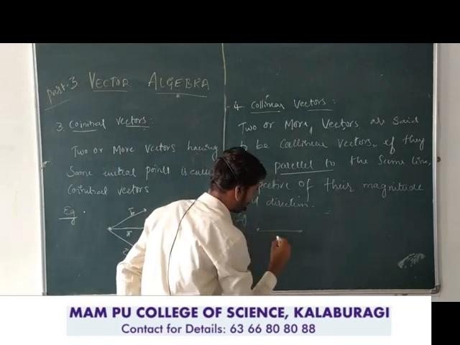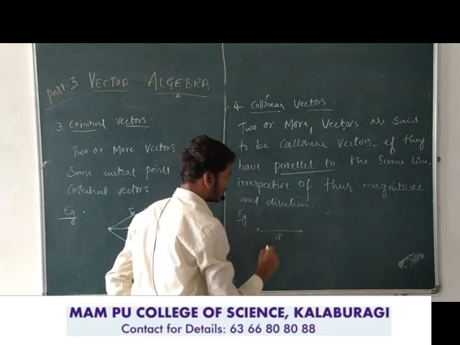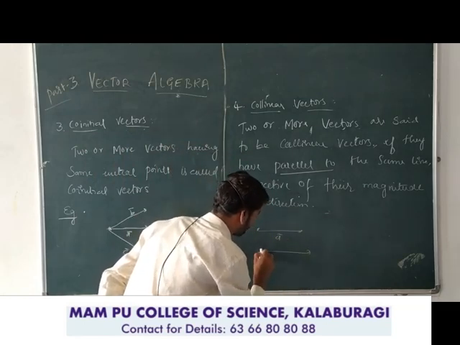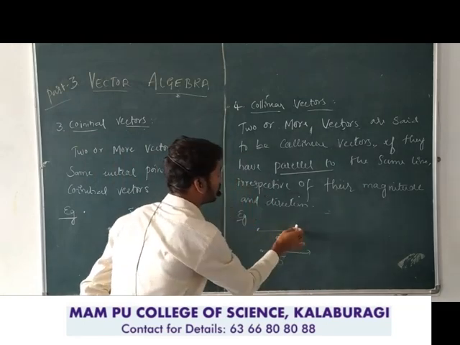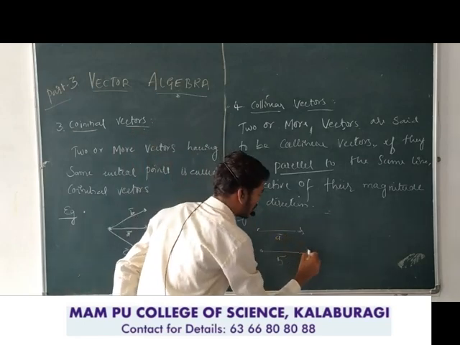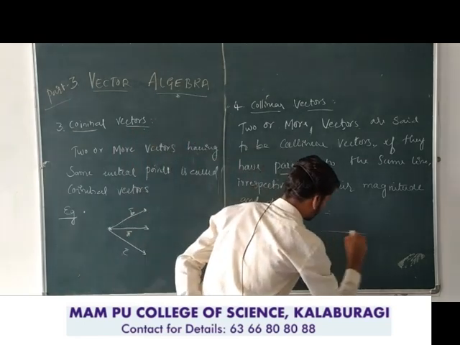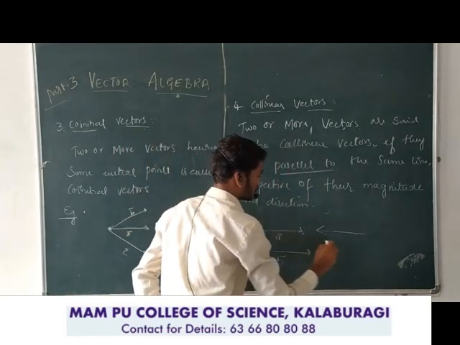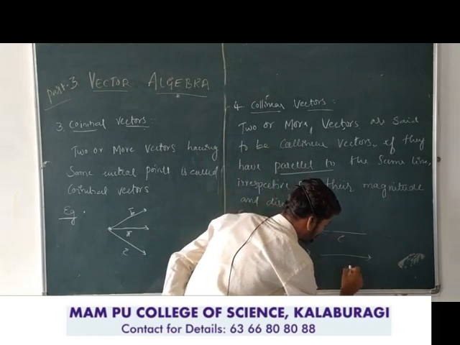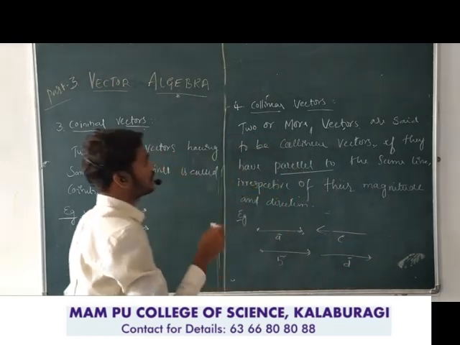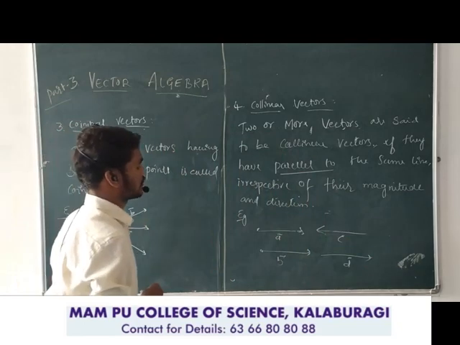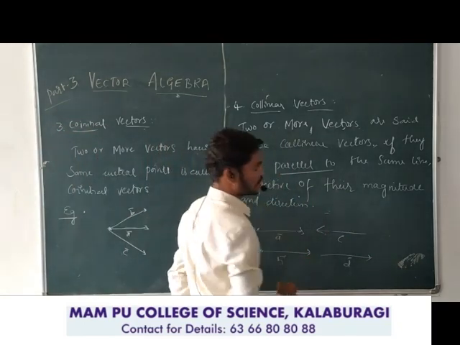This is one vector, and this vector is parallel to this vector B. Both are parallel to each other. Similarly, we can also take this vector parallel to this. These are the examples of collinear vectors. But here direction doesn't matter.